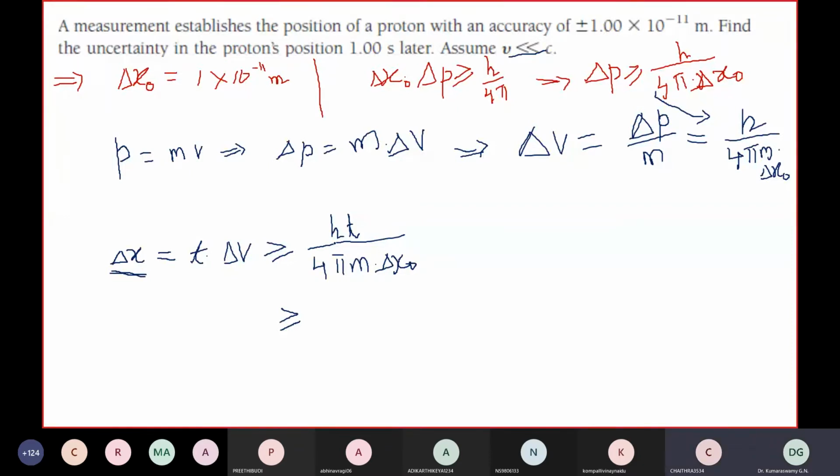So 3.14 into 10 to the power minus 5. Yes, sir. Check again, all of you. Okay, fine.